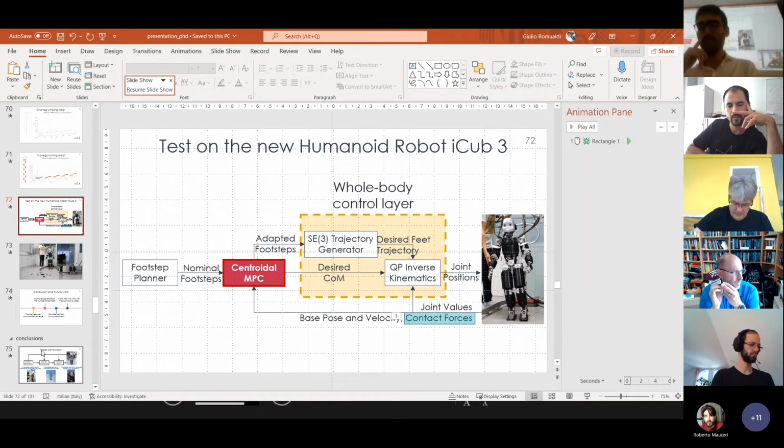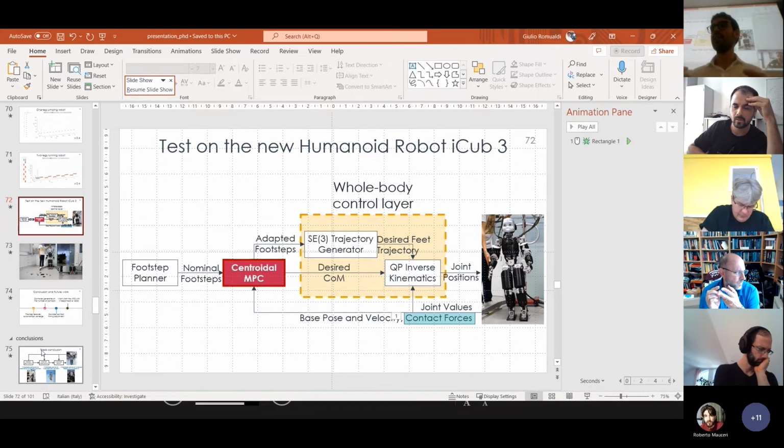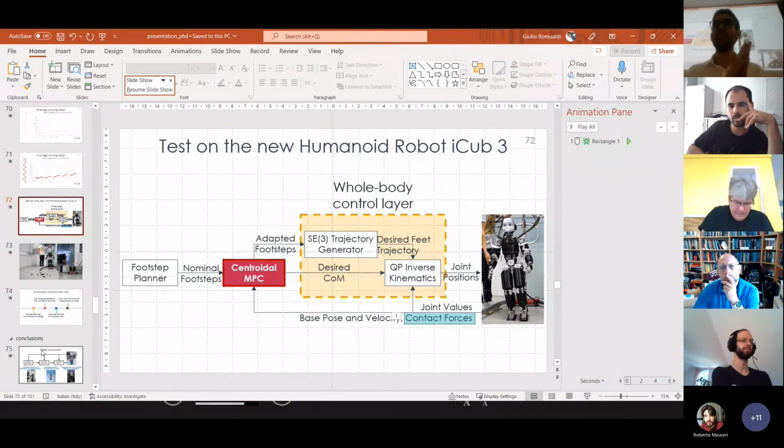If you want to use vision, it's a complex task, because we have to handle all the vision information coming from the cameras and then generate footsteps. So the idea here was to have a high-level footstep planner and then a centroidal MPC that generates and adjusts the position of the footsteps.